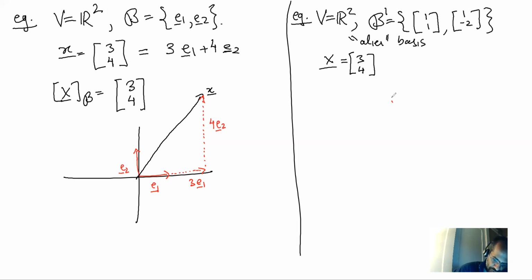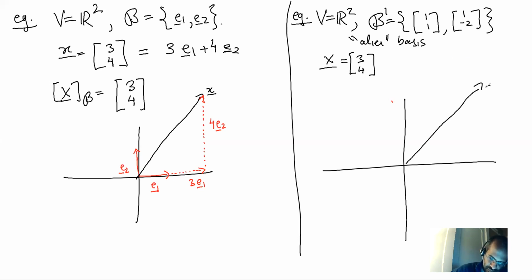So what's the picture now? The picture is that you still have the same vector x, but now your basis vectors are something else. Sorry, this picture isn't very good actually. Let me tilt this a little more.